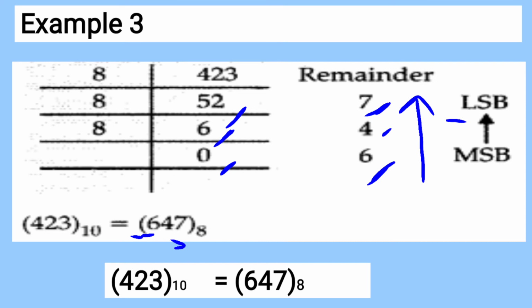These are explained in the previous slides, you can refer to them. Write down the answer from bottom to top, and finally your answer will be 423 to the base 10 is equal to 6 4 7.